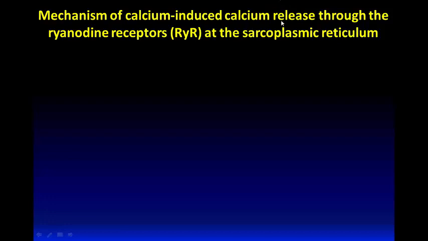So the release of calcium from the ryanodine receptors at the sarcoplasmic reticulum is induced by calcium ions getting in from the extracellular space through the dihydropyridine receptors, through the L-type voltage-gated calcium channels which we have in the transverse tubular system and in the sarcolemma as well.